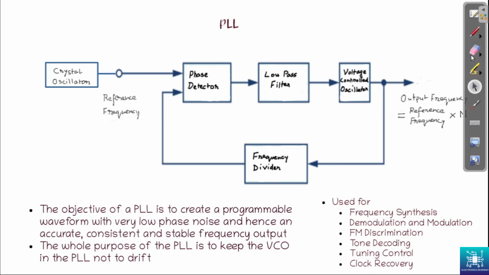One is a clean signal, though my drawing is not that clean, but just assume that it's a purely stable, say, 8 megahertz clock. And here also we are getting an 8 megahertz clock.